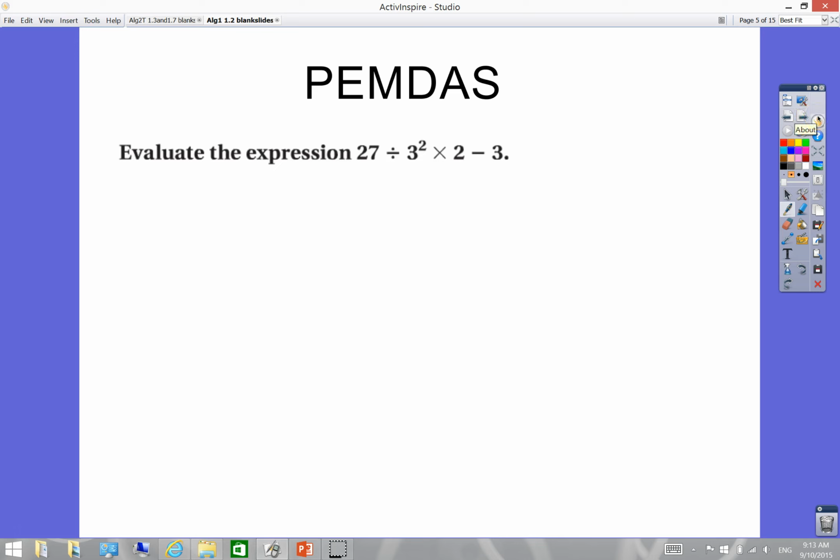So let's use PEMDAS to evaluate this expression. First, there are no parentheses, so we don't need to do anything there. Second, there is an exponent here, so we should do that step first. 27 divided by 9 times 2 minus 3.